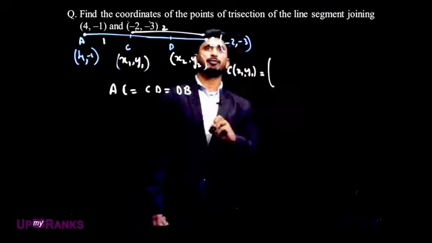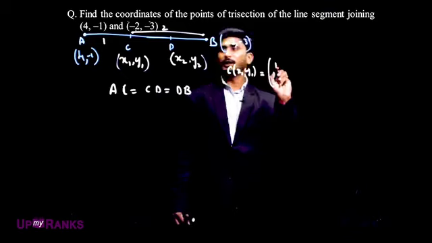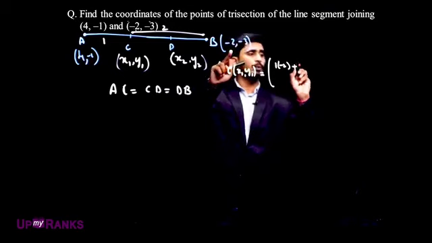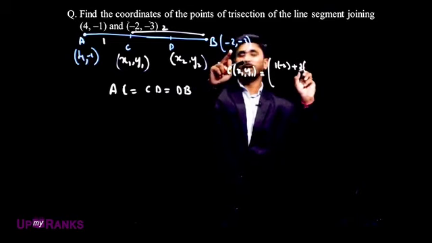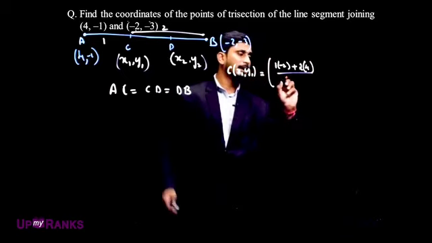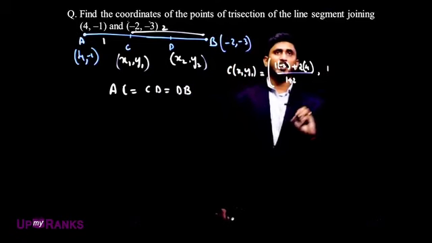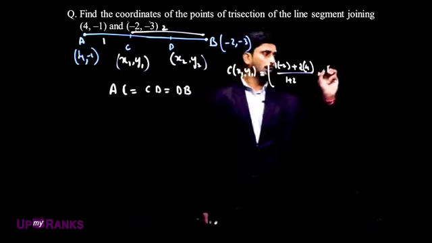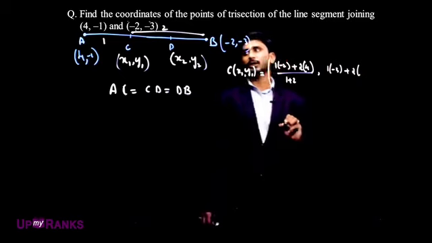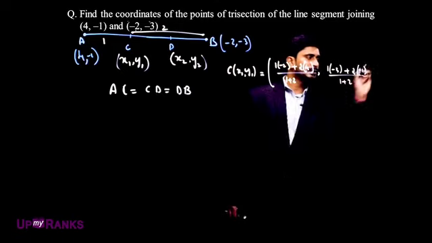From the section formula, I have m1, which is 1, into x2, which is -2, plus m2, which is 2, into x1, which is 4, divided by m1 plus m2, so 1 plus 2. Then m1, again 1, into y2, which is -3, plus m2 into y1, which is -1, divided by 1 plus 2.